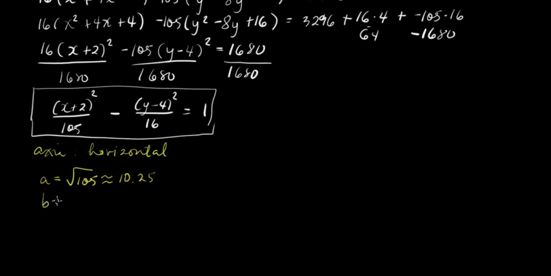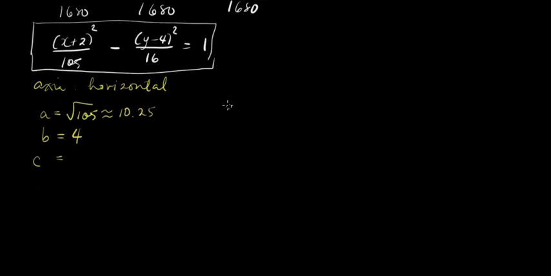And then the value of b is the square root of this. So, it's 4. And then to find the value of c, remember, we still need to compute for this. C squared is equal to a squared plus b squared. And c squared is equal to a squared is 105, plus b squared is 16.